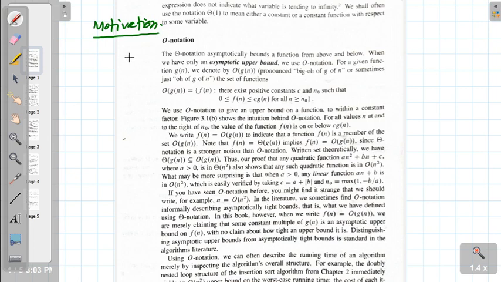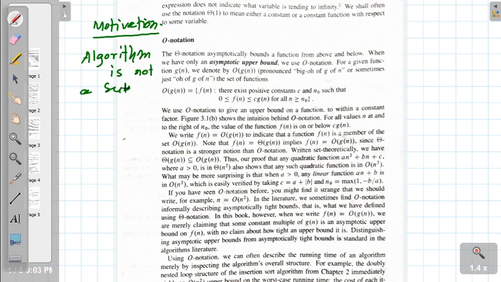And in modern day, algorithm is not a subject, it's a technology right now. So you have to remember that thing. Algorithm is not a bare minimum subject. Algorithm is not a subject right now, but it is rather a technology.